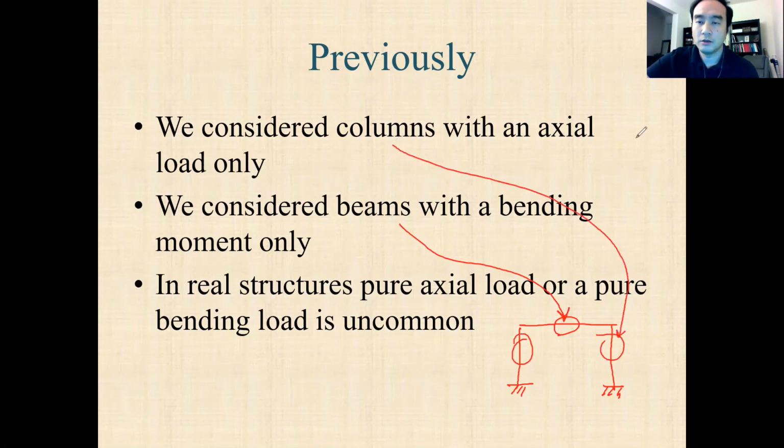In all your chapters, we talk about the columns based on the axial load, and these beams with whatever boundary conditions based on the transverse loading, which will provide a bending moment.